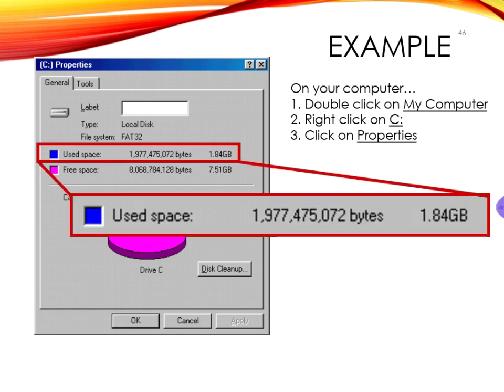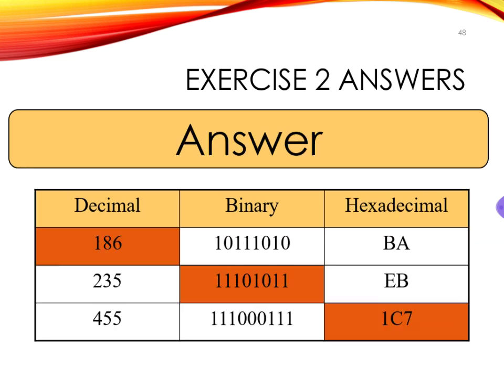So the long number that you have in bytes, if you divide it by 2 to the power 30, which is kilo, mega, and then giga, that would be equal to 1.84 gigabytes. So that is where we end, and the last two slides are going to be the answer slides. Thank you very much.